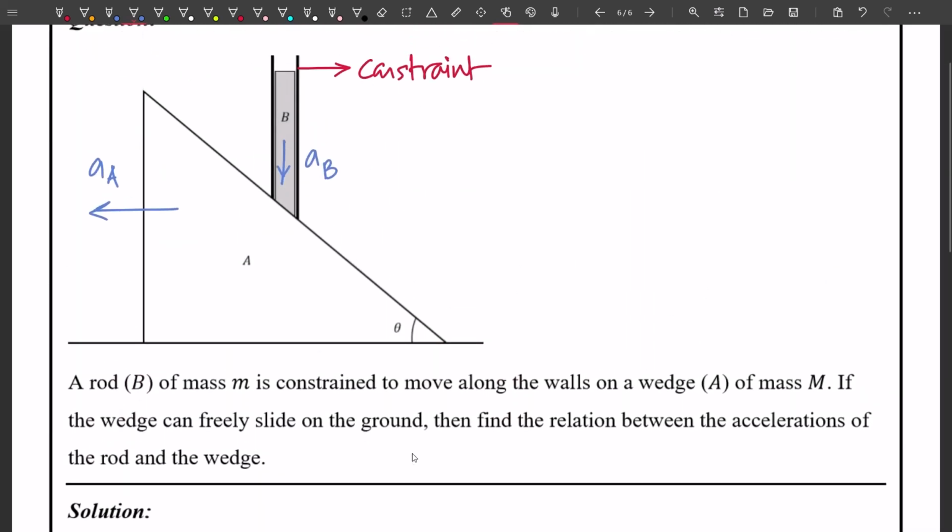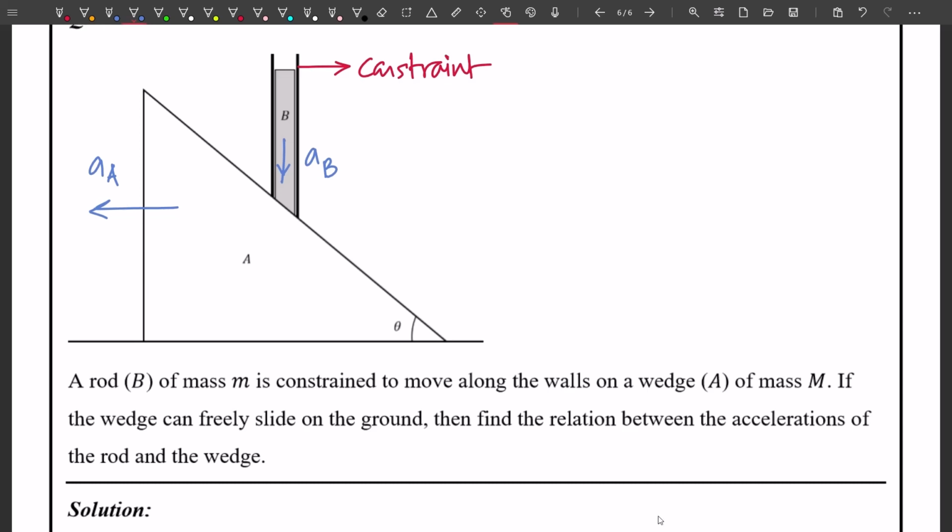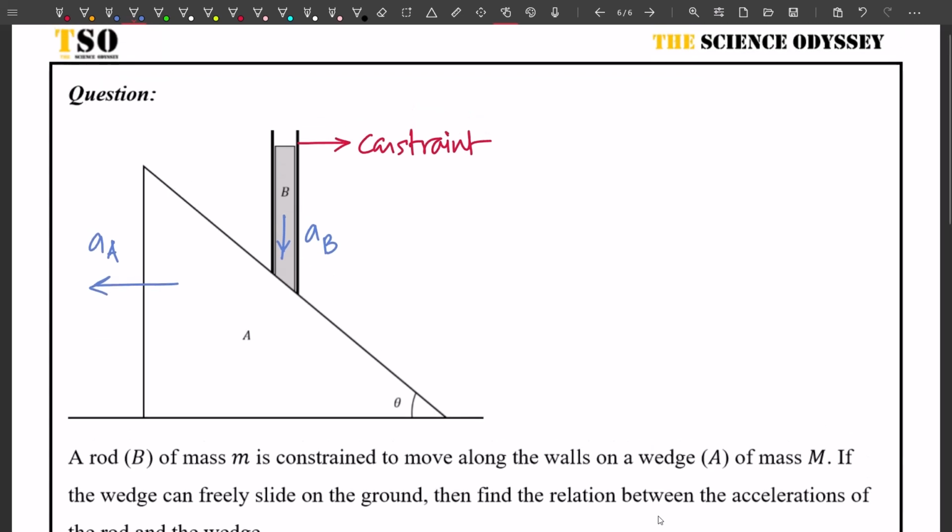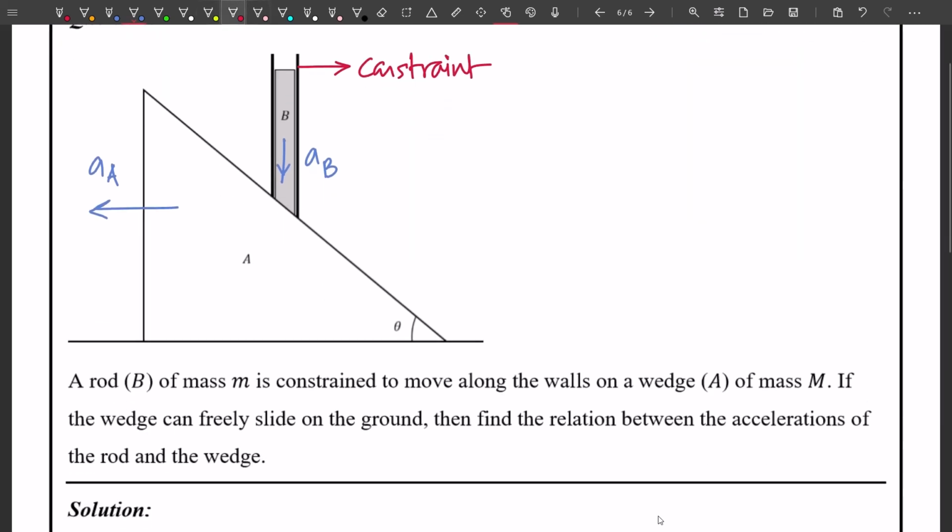Now we know that throughout the motion the rod and the wedge will always be in contact, so we can apply our wedge constraint relation, that is along the normal their relative velocities, or here the relative accelerations along the normal is 0, right?